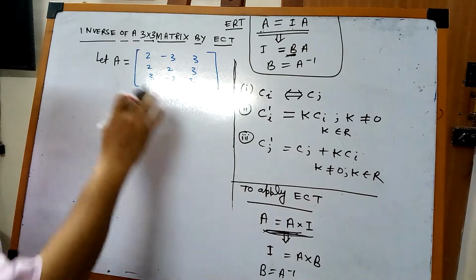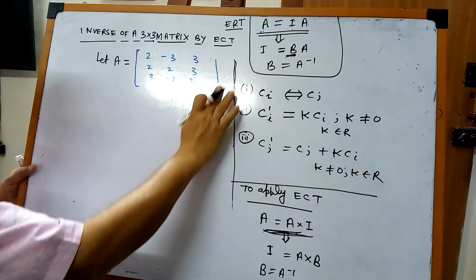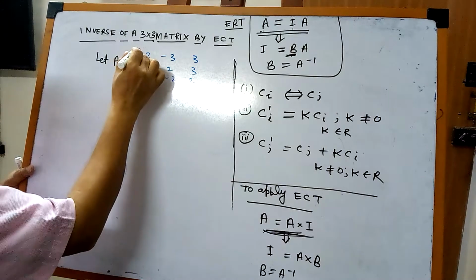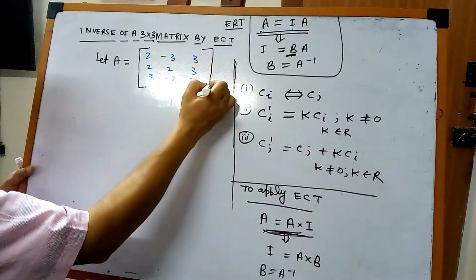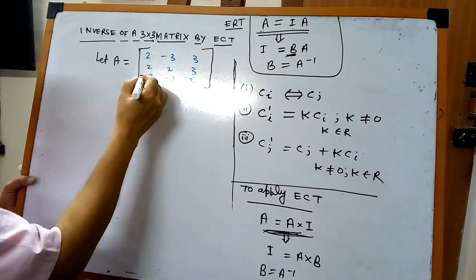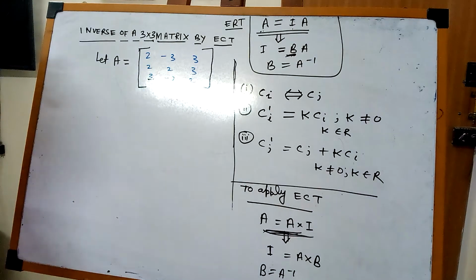In our present problem, we have a matrix given in this form, that A equal to 2 minus 3 3, 2 2 3, 3 minus 2 2. We are going to find inverse of this matrix by elementary column transformations.